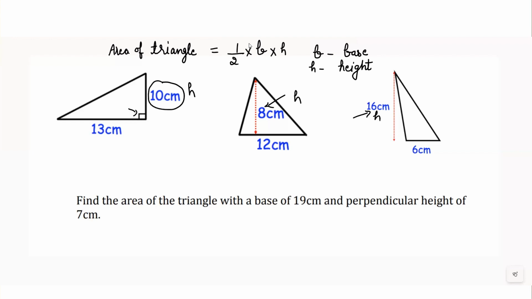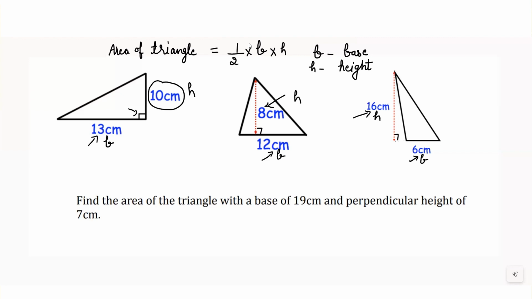This one is also making a 90-degree angle, and this one is also making a 90-degree angle with the base. That means we will consider this as a height. Now what is your base? Base is this particular side, B, B and B. That means the height is always making a 90-degree angle with the base.